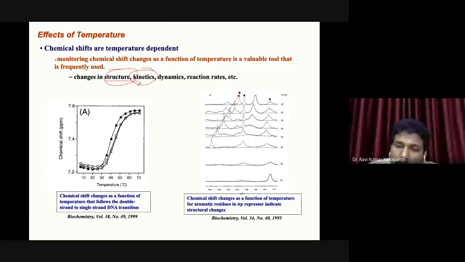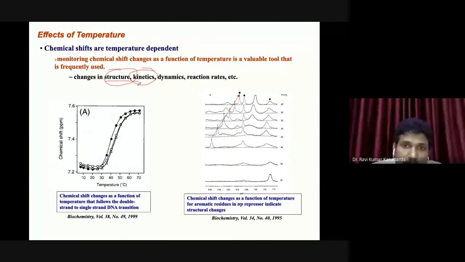And you know, the peak width of NMR is directly proportional to the spin lattice relaxation time, and kinetics means what? Basically it is measuring the time, right? So by measuring the peak widths of NMR signals, one can really determine the molecular structure, and also determine how much time it takes to go from one particular conformation to the other.